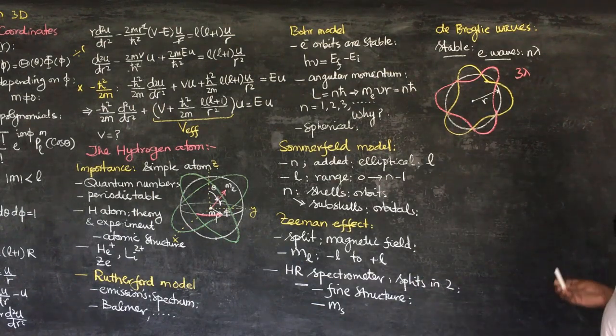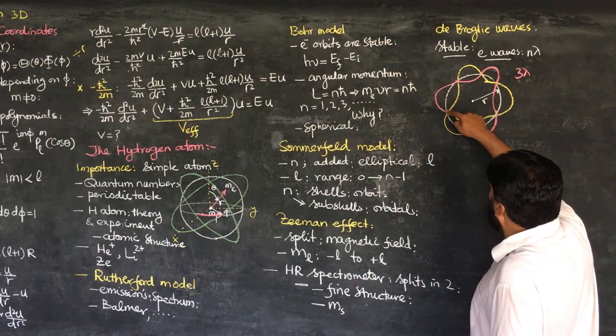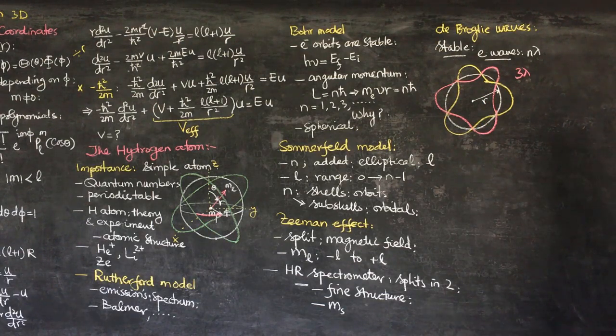When the number of integral wavelengths fits the length of that orbit, we say it's a stable orbit.